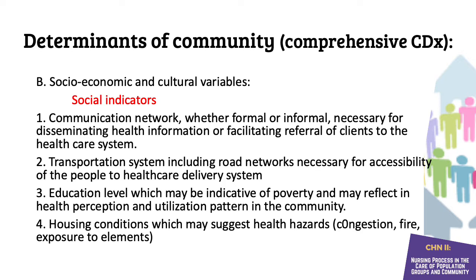So we also have the housing conditions which may suggest health hazards. Okay? It is very congested, many people live in one house, or it is a hazard for fire and exposure to elements.